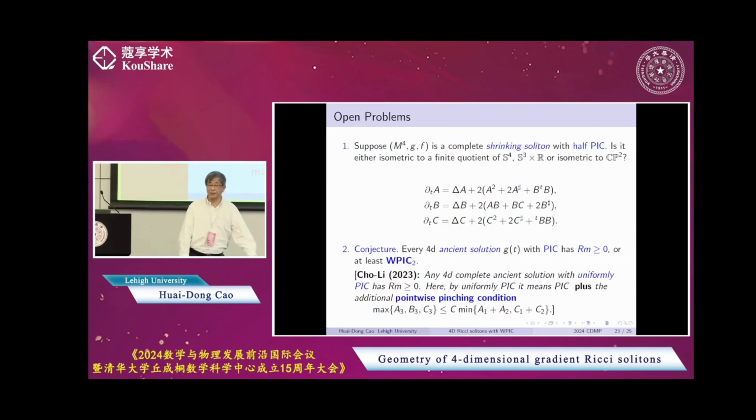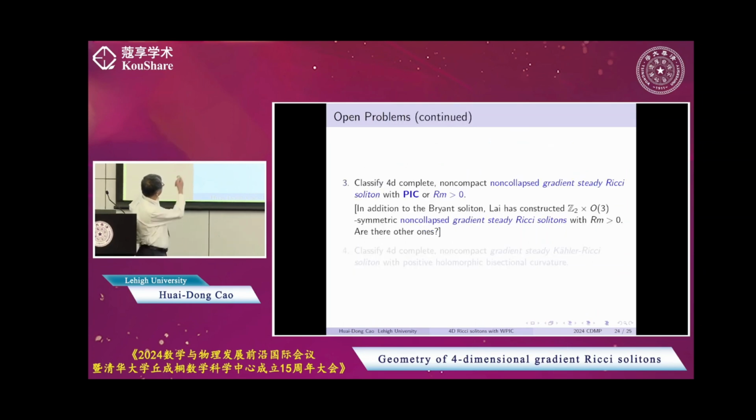What I want to say is that under a much stronger assumption, uniform PIC, Tran and Lee from Columbia actually showed that the conjecture is true, but uniform PIC is a strictly stronger condition. And finally, we want to classify the steady solitons with PIC or even Riemann PIC. The 3-dimensional case took a long time, and 4 dimensions will probably take some additional time.